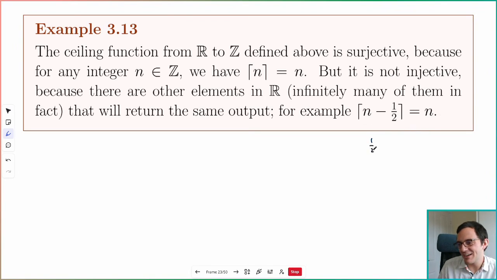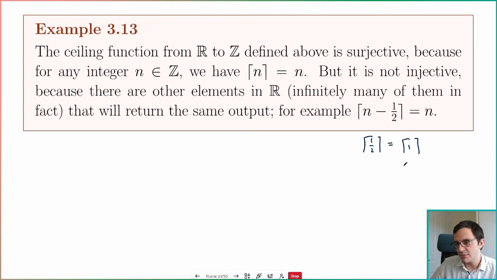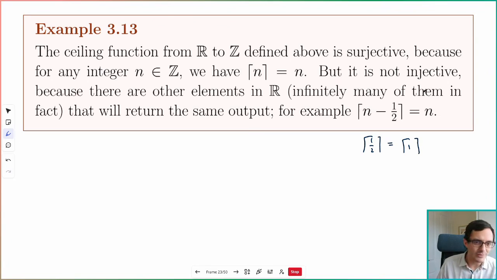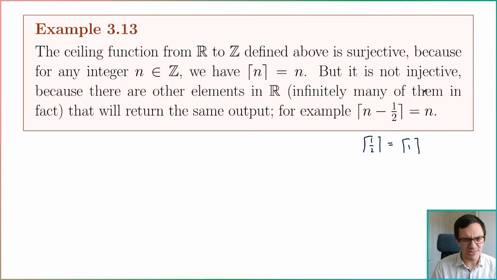So rounding up 1/2 gives you the same thing as rounding up 1, even though 1/2 and 1 are not the same thing. So that's an example with f of x1 and f of x2 equal, where x1 and x2 are not the same. There's infinitely many here because of the n. We've seen from those little diagrams that just having a single problem is enough to scupper your chances of being injective.